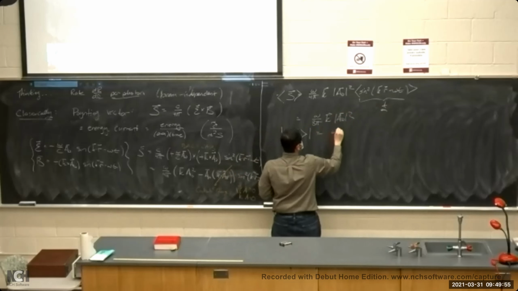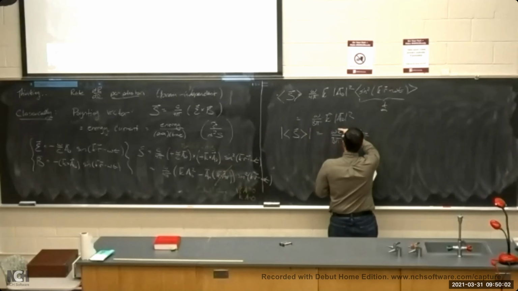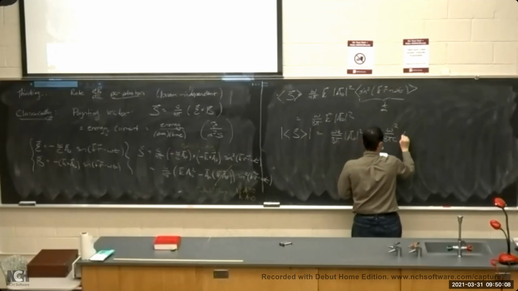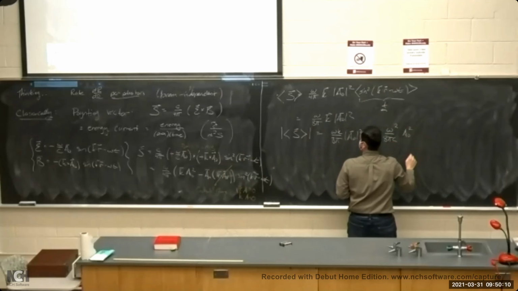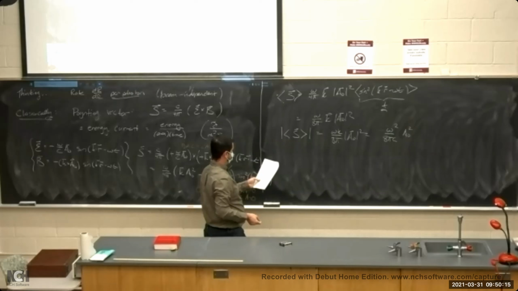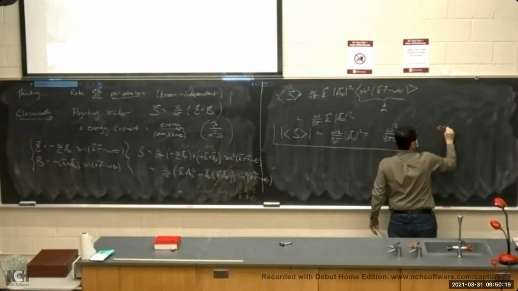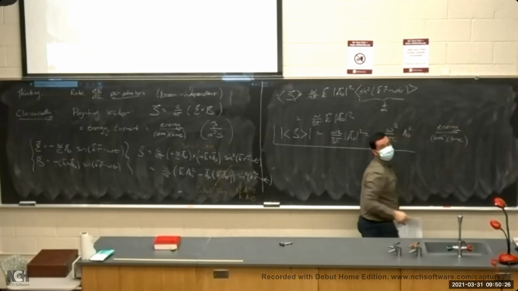So the magnitude is omega k over 8 pi A0 squared, and since omega and k are related, I can write this as omega squared over 8 pi c, A0 squared, and then it's going in some particular direction. Okay, so this is the typical energy per unit area per unit time which is coming in from the beam.